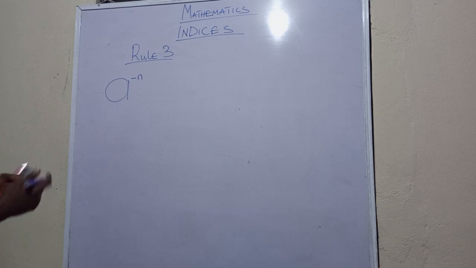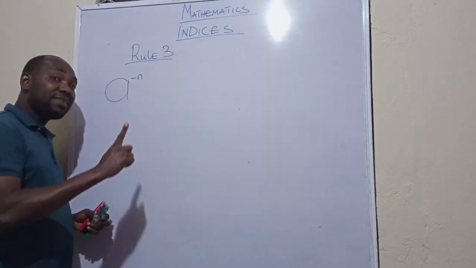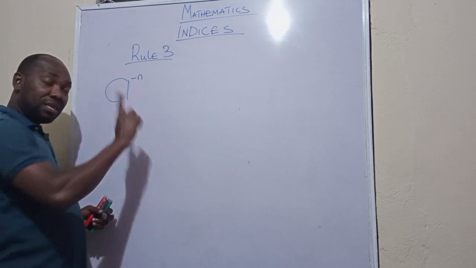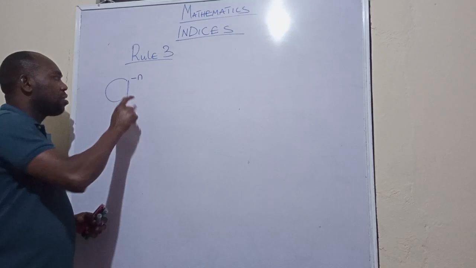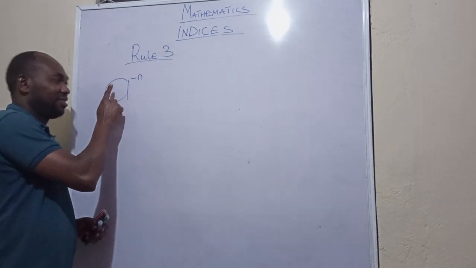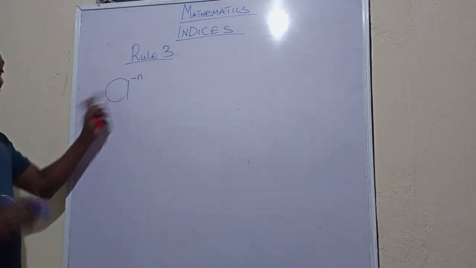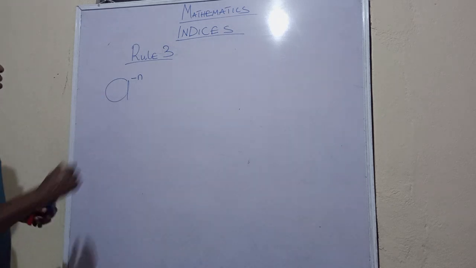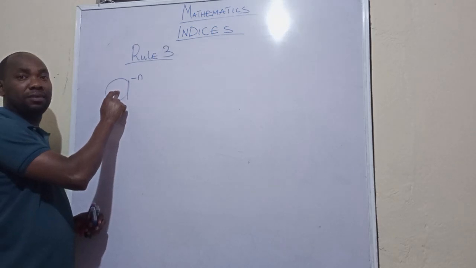Now, this minus sign in the index, with the index as n, this minus sign will reciprocate the letter a, or the number a, and then n will still remain the index of a.